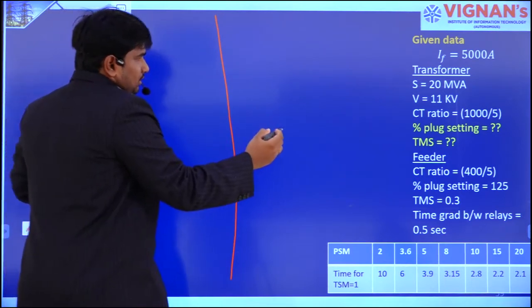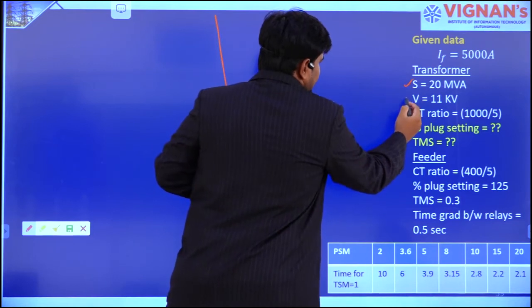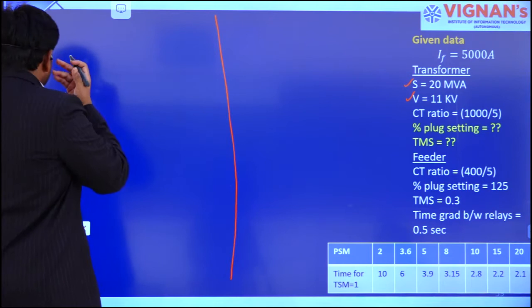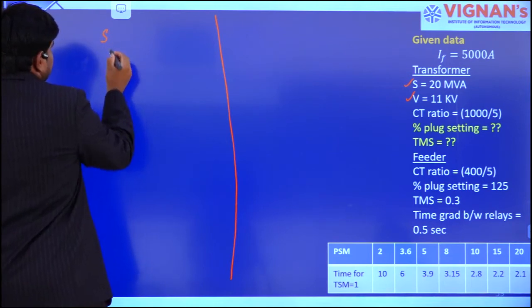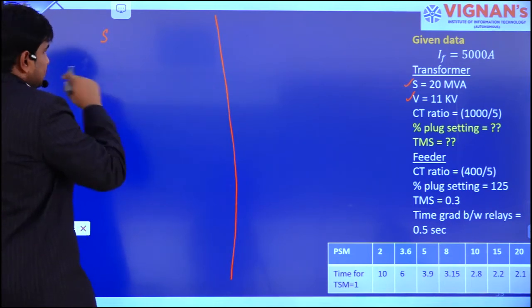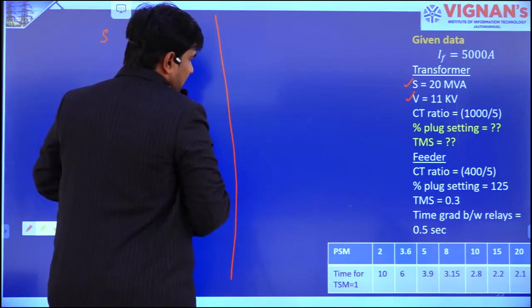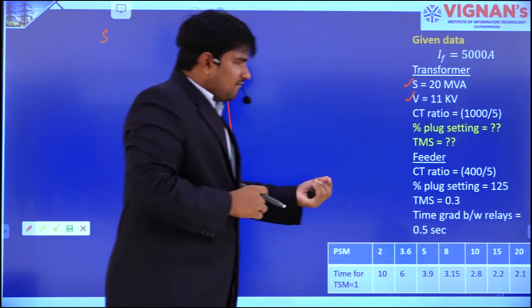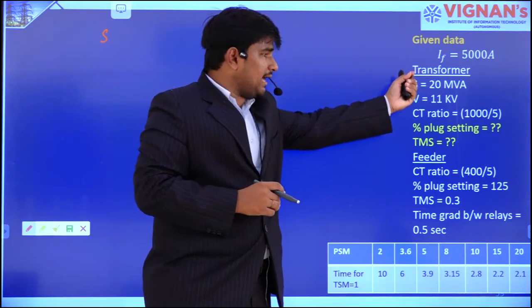Now, from S and V, I could find the current, right? So for the transformer, S is 20 MVA and V is 11 kV. And the fault current they have given is 5000 amperes.